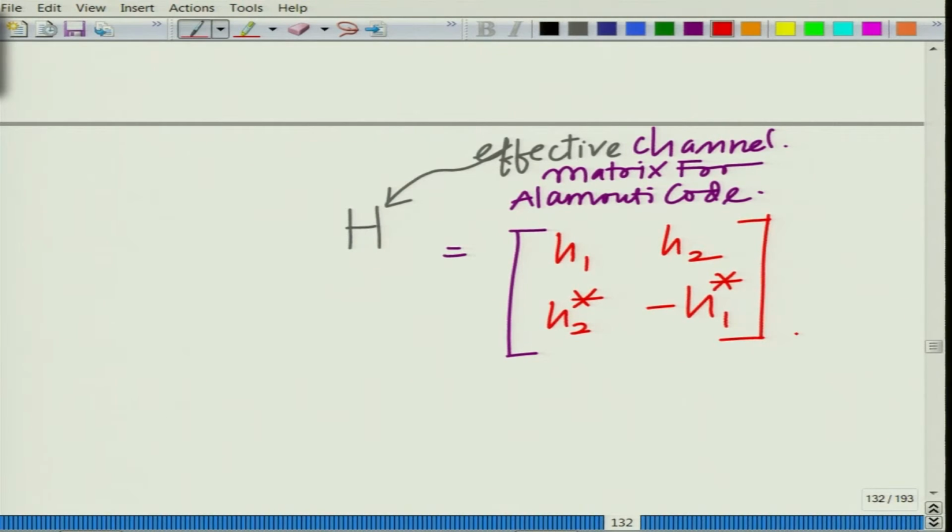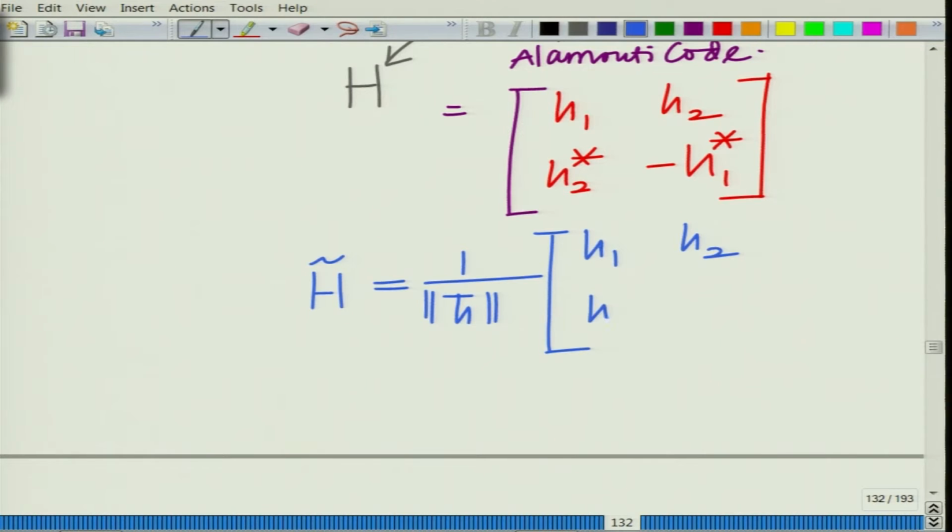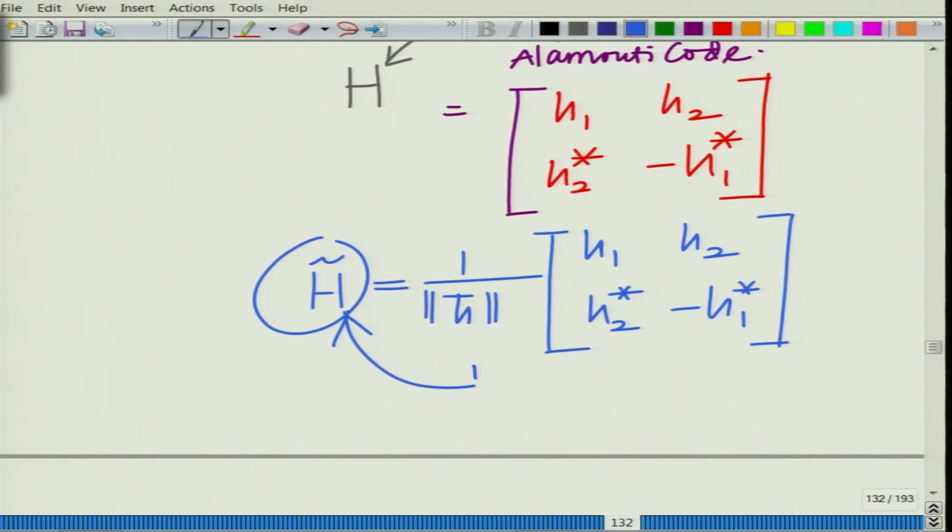Now, this by itself is not unitary, but if you look at H tilde, which is obtained by dividing the matrix by the norm of the channel vector, that is norm of H bar, that is H1, H2, H2 conjugate, minus H1 conjugate.